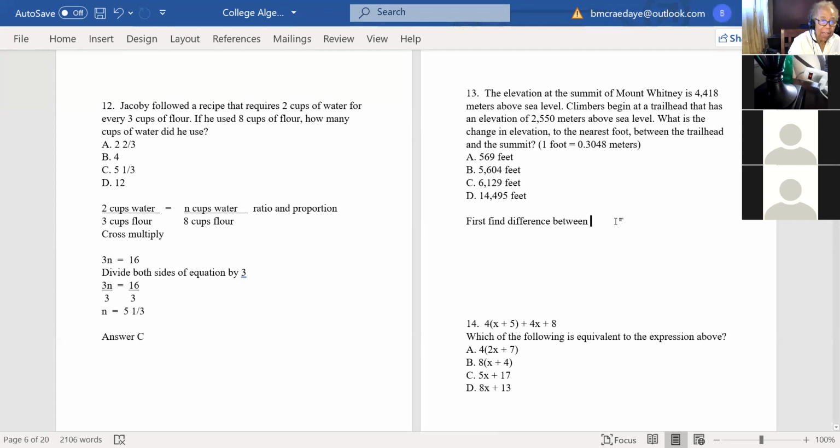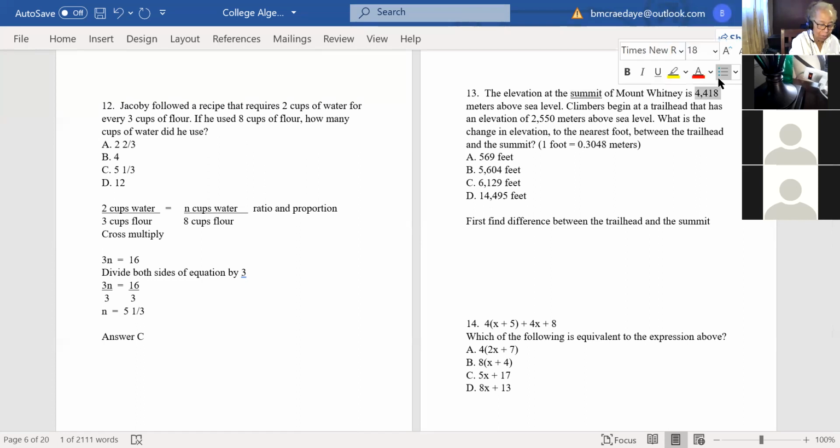So you first want to find the difference between the trailhead and the summit. Okay, so the elevation at the summit, let's put summit, and I'll underline that, is what?